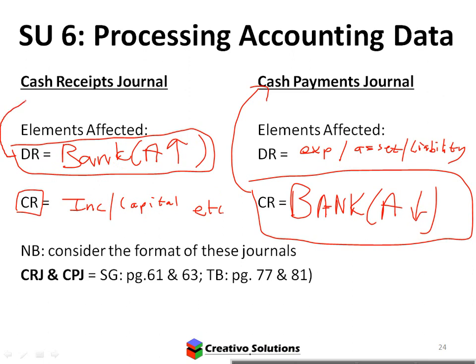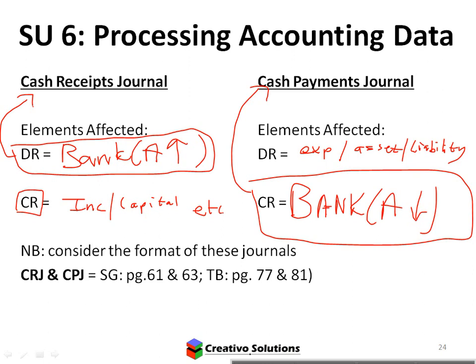For a cash payments journal, bank is always going to decrease. For a cash receipts journal, bank is always going to increase. Because I'm capturing transactions in a specific journal. You told me I can pay for an expense, or for an asset.